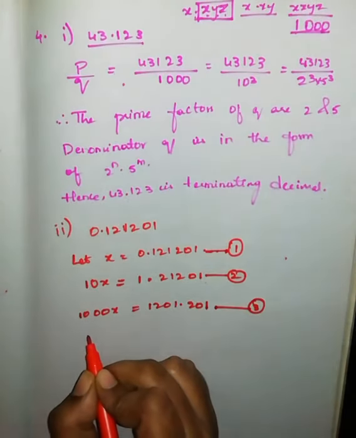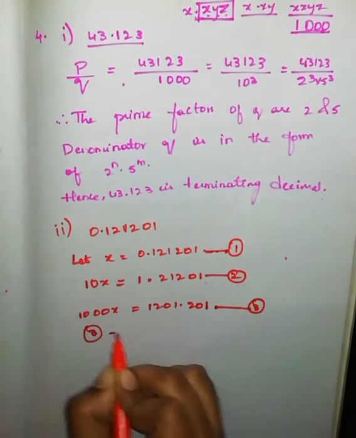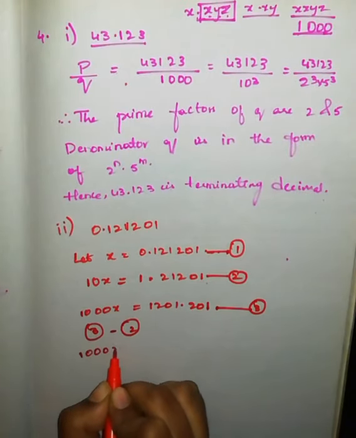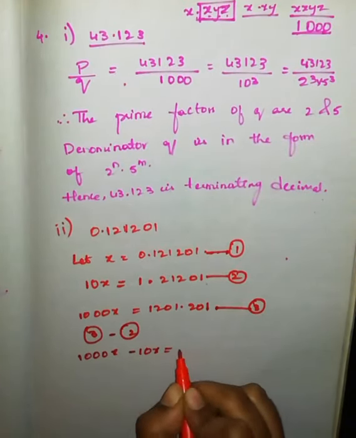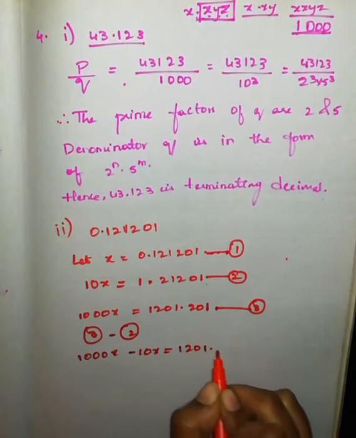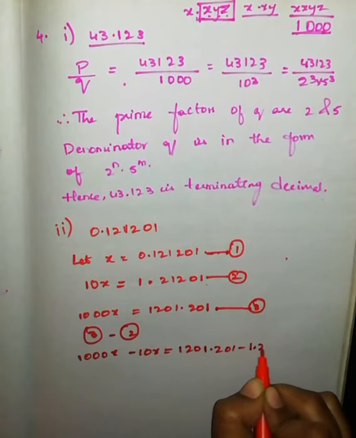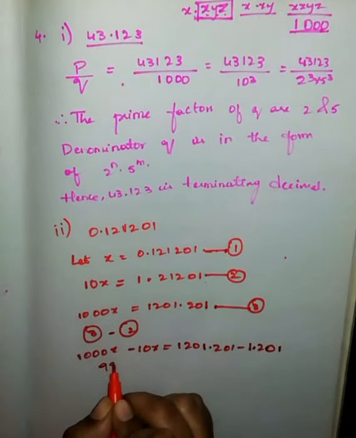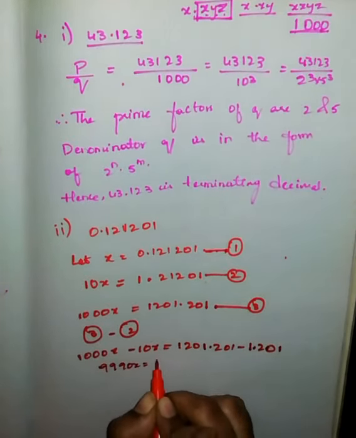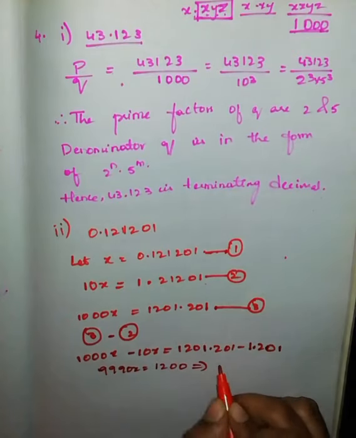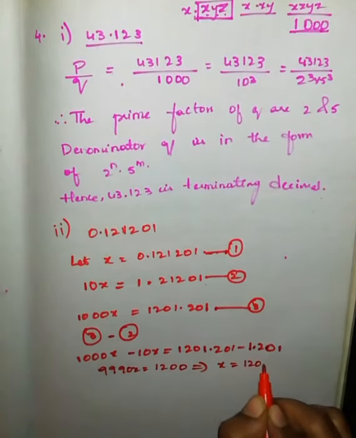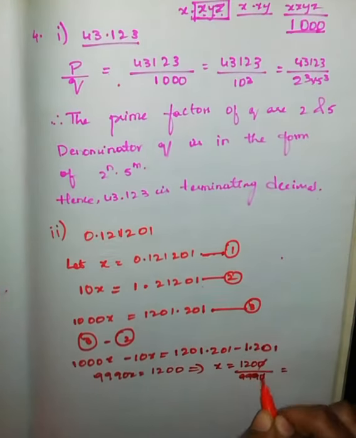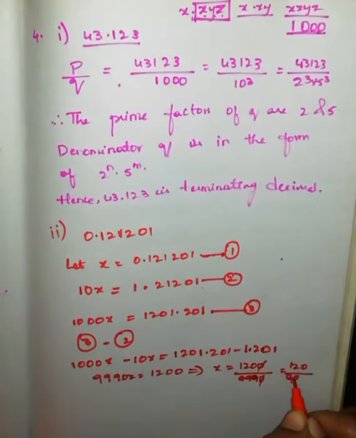Now let's subtract 2 from 3. We get 1000x minus 10x is equal to 1201.201 minus 1.201, which will become 9990x, which is equal to 1200. Now x will be 1200 by 9990, which will become 120 by 999.